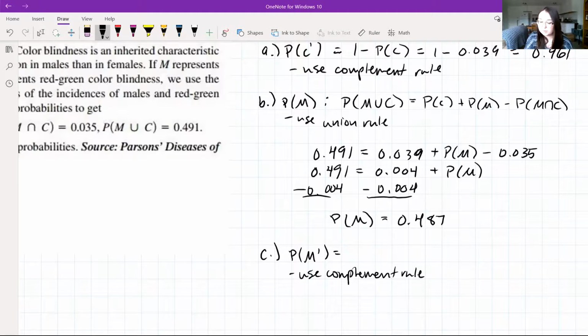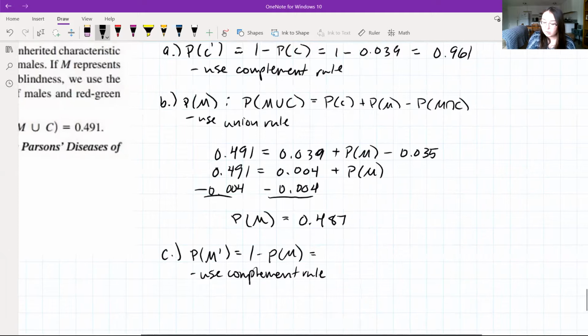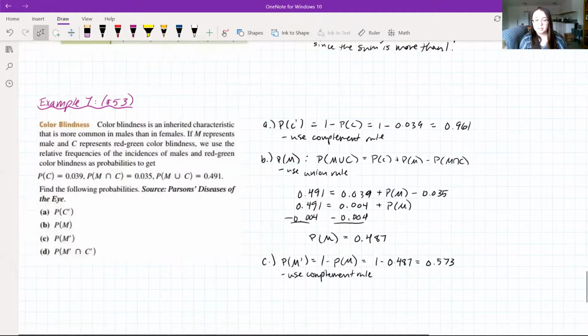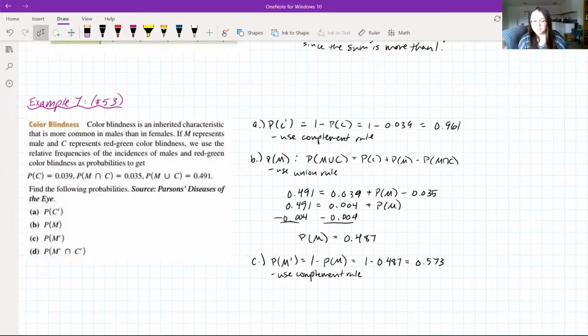And we get that this is equal to 1 minus the probability of M, or 1 minus 0.487, which is going to end up giving us 0.573. So essentially, this is telling us that the probability of not male, the probability of female, is going to be 0.573.